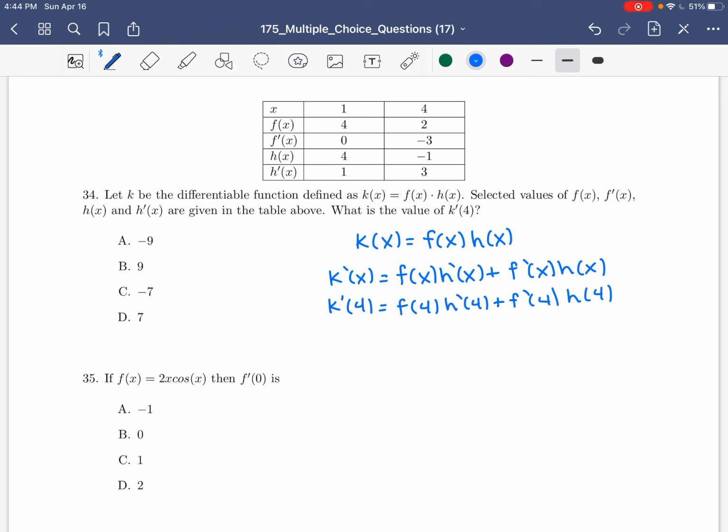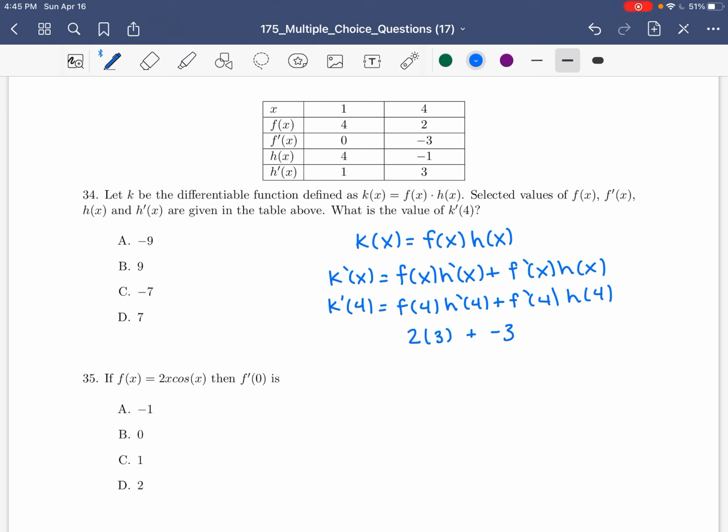And then I just use my table. So f of 4 is going to be 2. H prime of 4 is going to be 3. F prime of 4 is going to be -3.